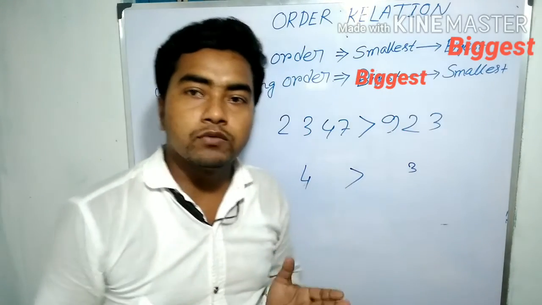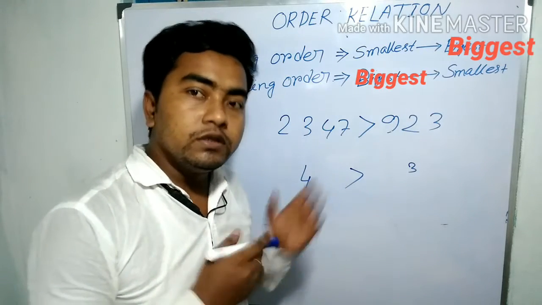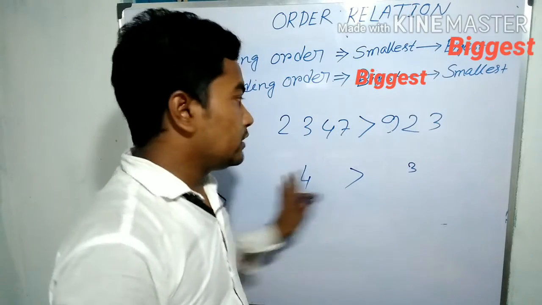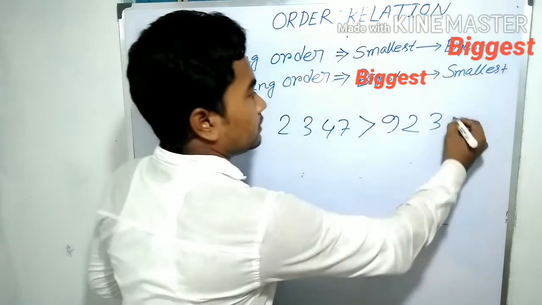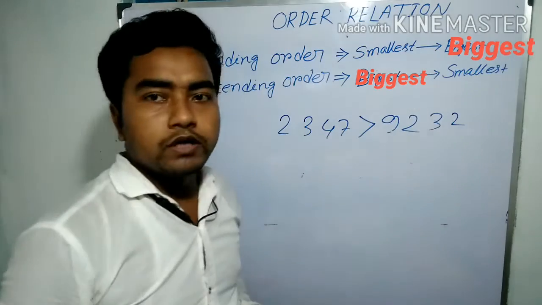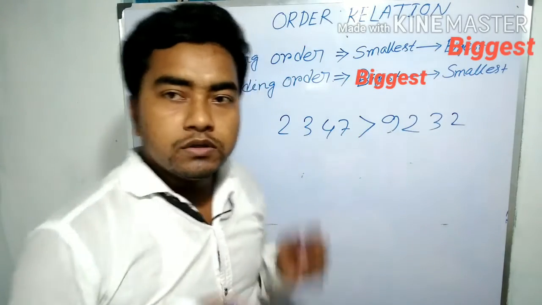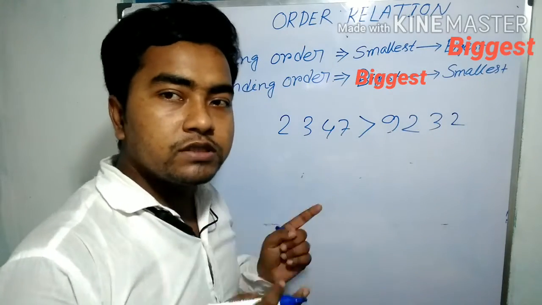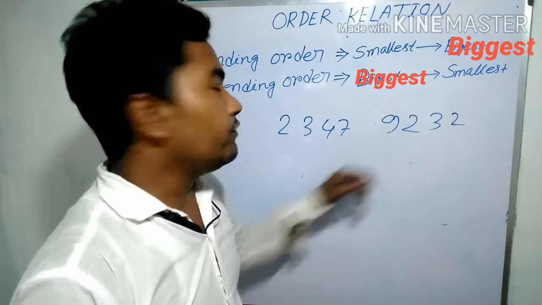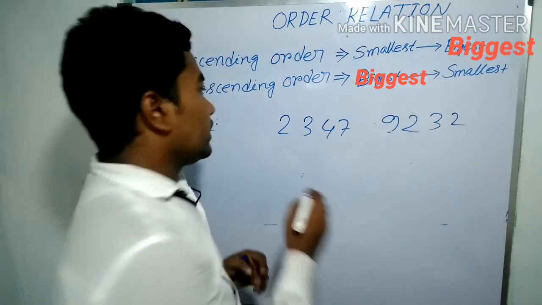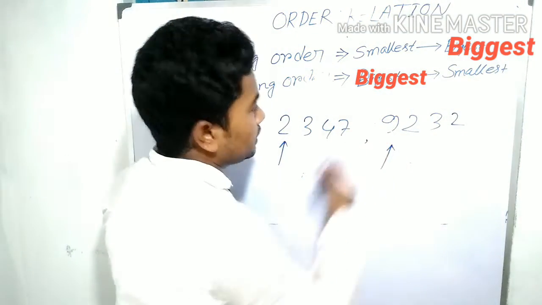Now the second rule: if the number of digits is equal in each number, that means here is a 4-digit number and this is also a 4-digit number, so the number of digits is the same. Now we will compare the first digit of these two numbers. Here the first digit is 2 and here the first digit is 9.